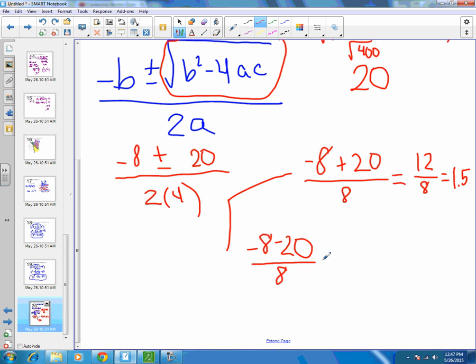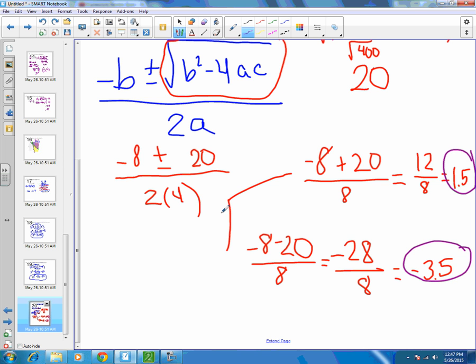And negative 8 minus 20 is negative 28. Divided by 8 is negative 3.5. So my two solutions are 1.5 and negative 3.5. And that wraps up your expressions final exam review.